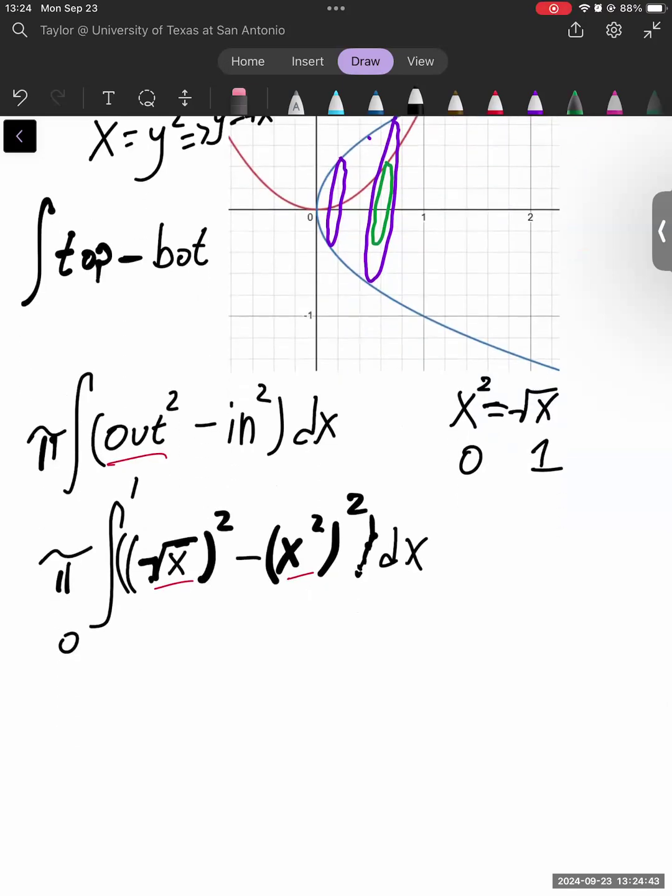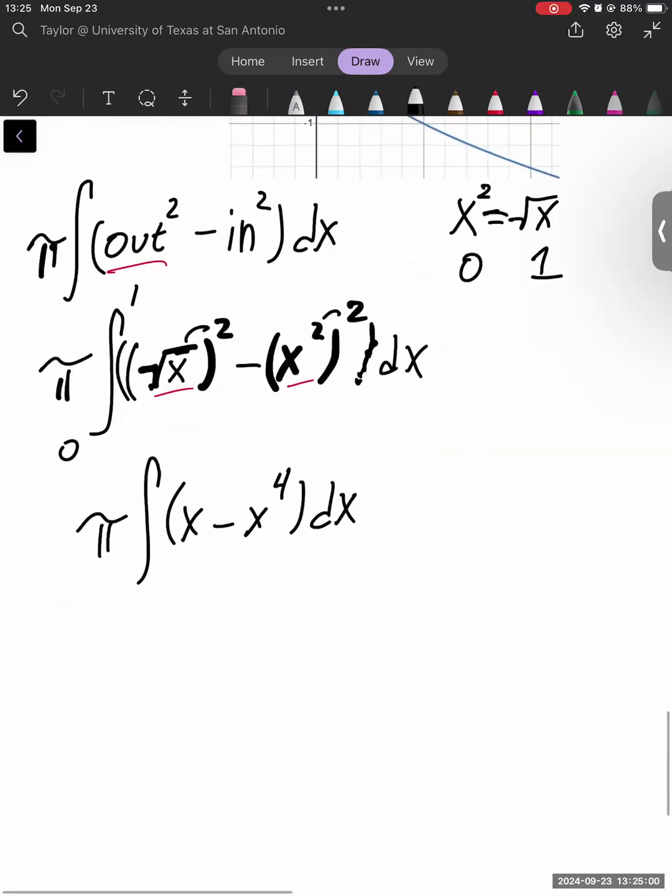And then I'm going to send these square terms into the parentheses here and here. So then I get pi integral of x minus x to the fourth dx. And then we're going to use the power rule.